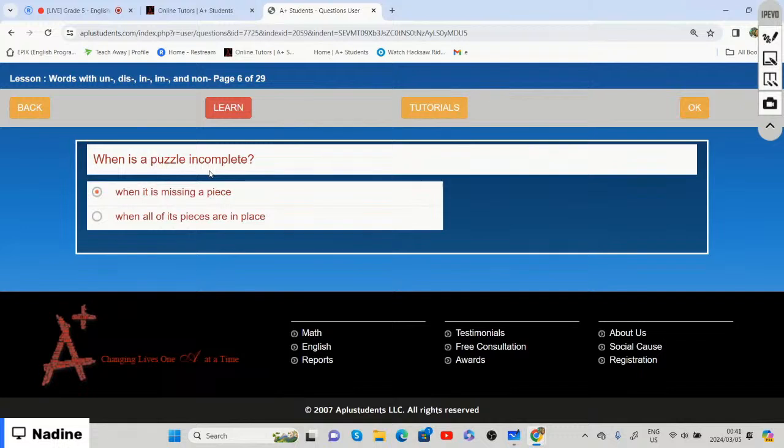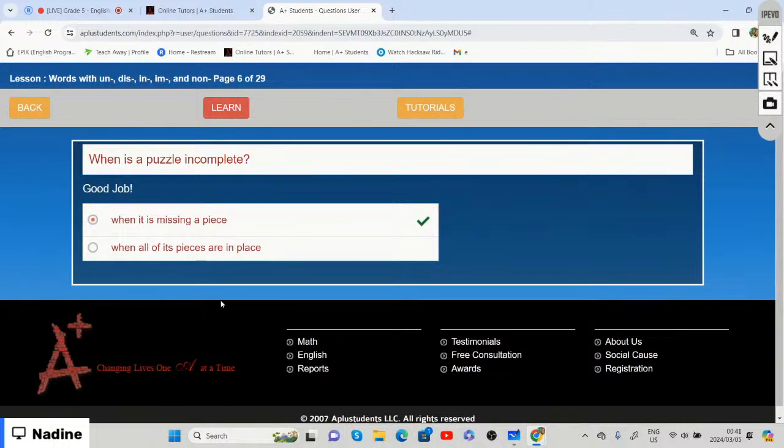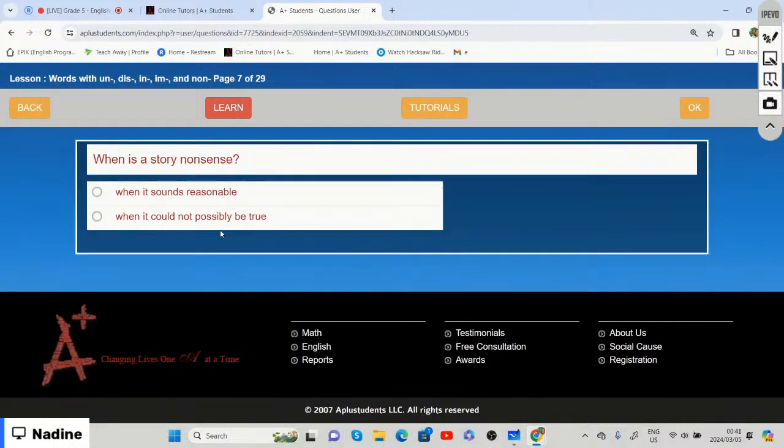So we said that when a puzzle is incomplete, we have something negative. All right. So basically, when it is a missing piece. All right.